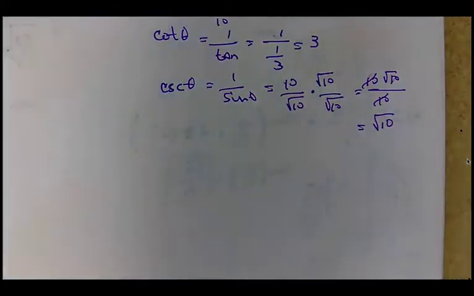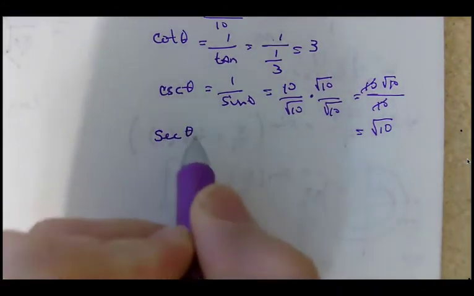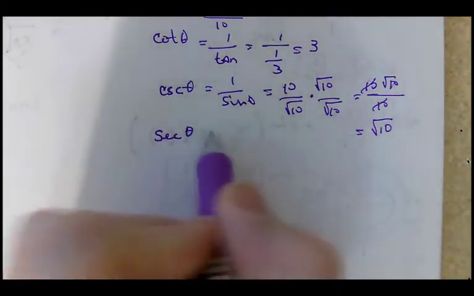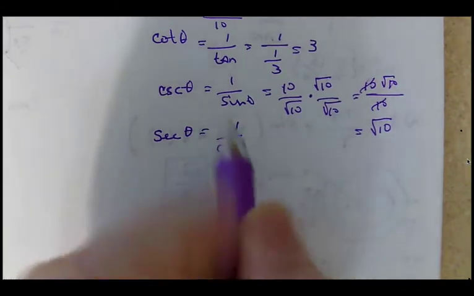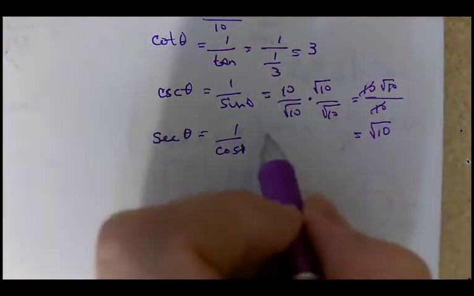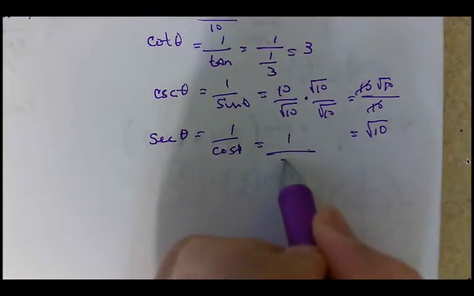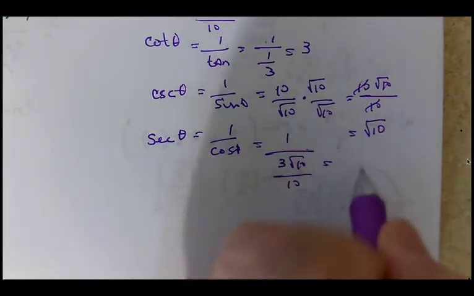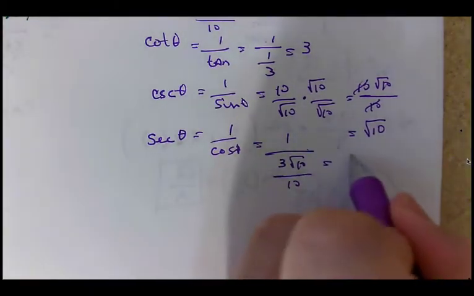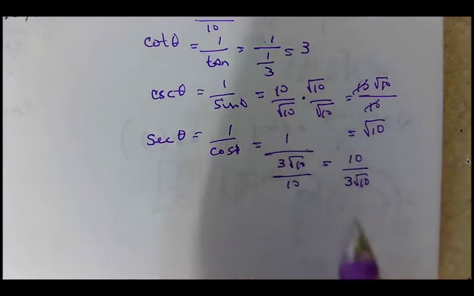And last but not least, we have secant of theta, and in this case it's 1 over cosine, 3 square root of 10 over 10. We're going to rewrite this as 10 over 3 times the square root of 10.